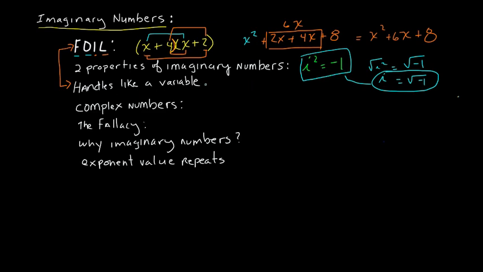And like I said, it handles just like if you had 3x, you could also have 3i. And I'll show you how to handle those later on, but you treat them just like you would a variable.